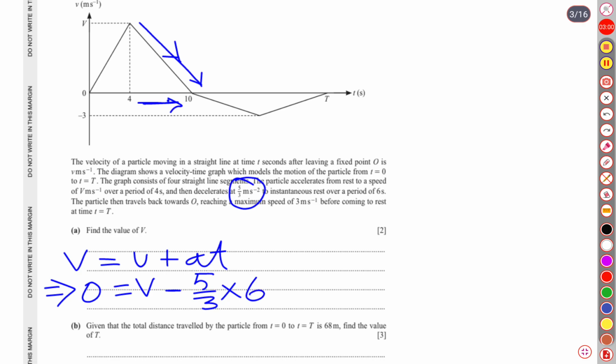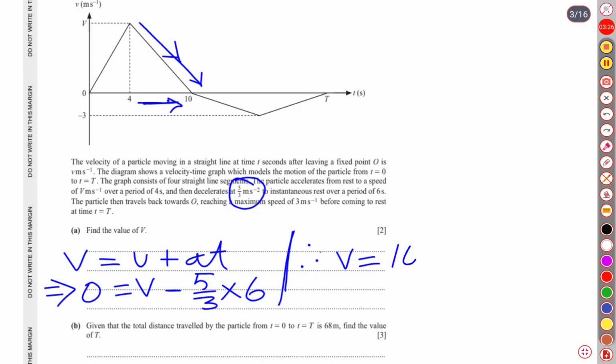After that, we are going to get v is equal to 5 over 3 times 6. Hence velocity is equal to, 5 sixes are 30, 30 over 3 means 10.